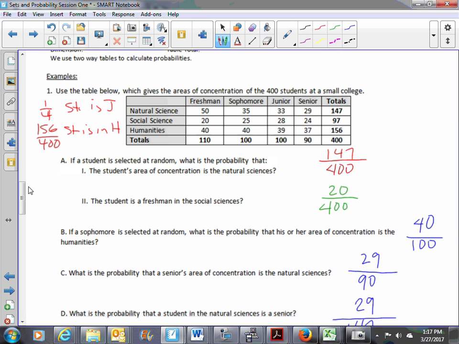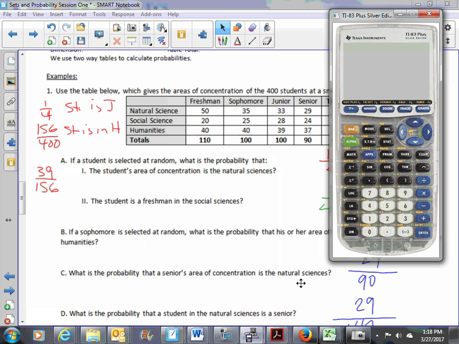Now, the probability that a student selected at random is a junior in humanities is 39 over 156. So the question is, when we multiply 1/4 times 156 over 400, do we get 39 over 156?